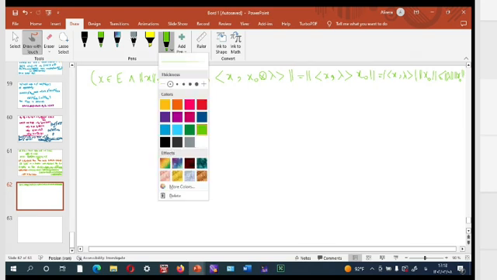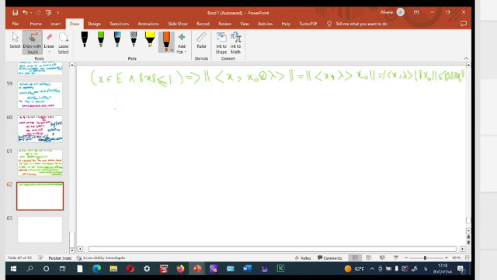So this operator is bounded and the operator norm of this is less than or equal to the operator norm of lambda multiplied by the norm of x0.